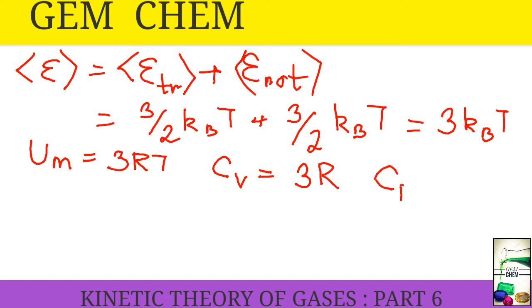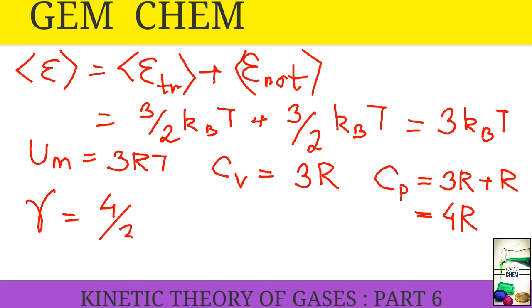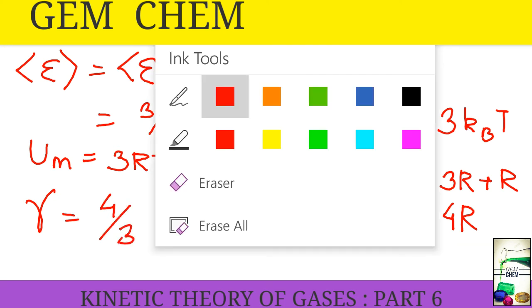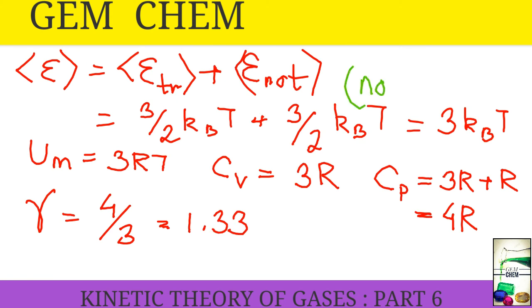So Cp becomes 3R plus R, equal to 4R. And the ratio is 4/3, which is about 1.33. So this is obtained for a non-linear molecule.